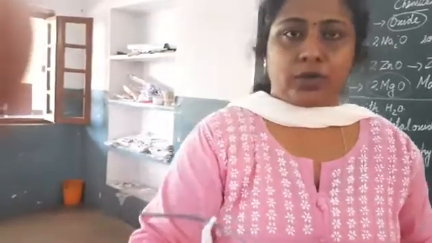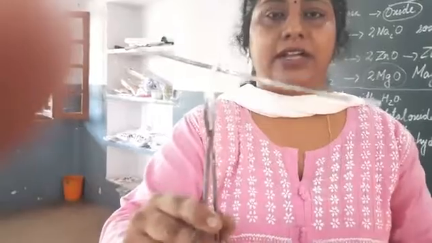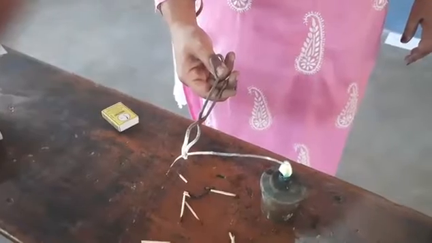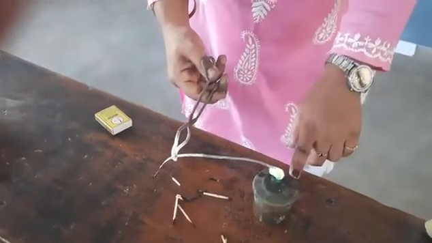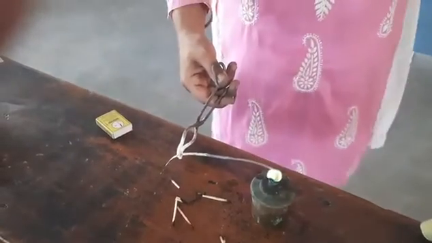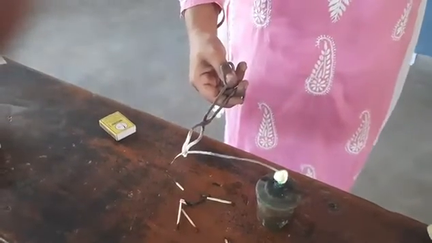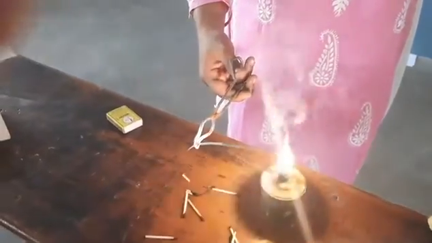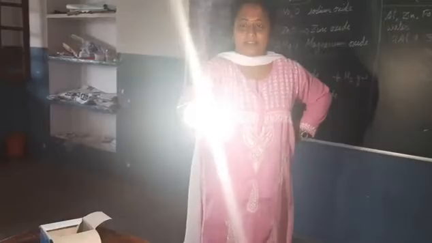Okay, so we will start it, children. Let's see how to burn it. So we will start burning the magnesium ribbon. This is a spirit lamp. It will take some time to burn. Now you can see, children, this is the magnesium ribbon, and it burns with a very bright, dazzling light.